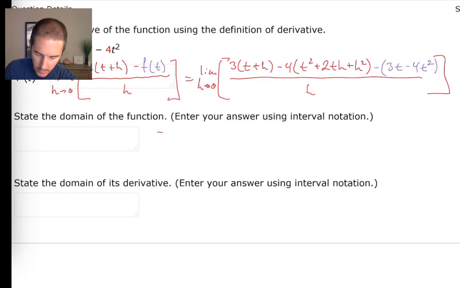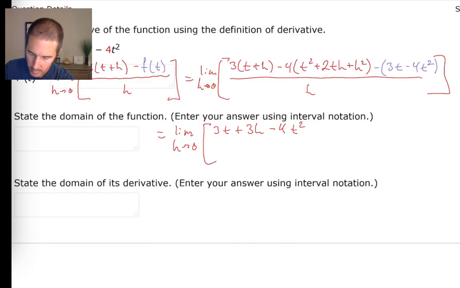All right, so this is equal to the limit as h goes to 0 of 3t plus 3h minus 4t squared minus 8th minus 4h squared minus 3t plus 4t squared.